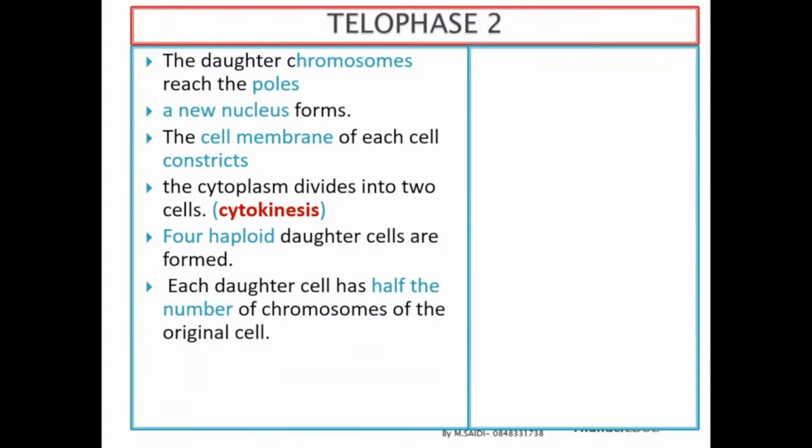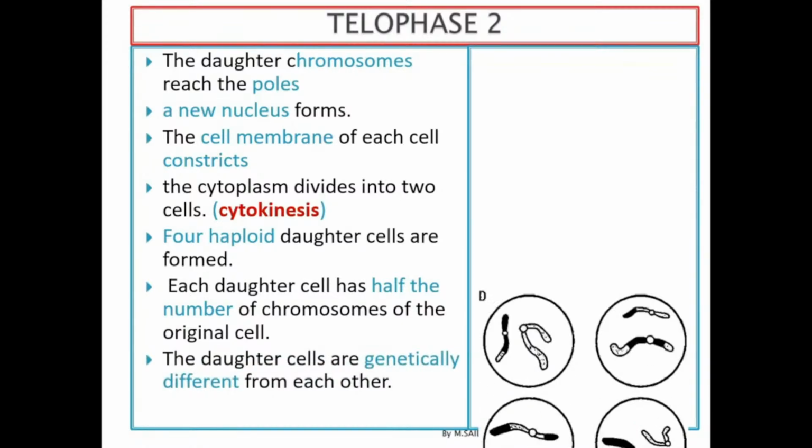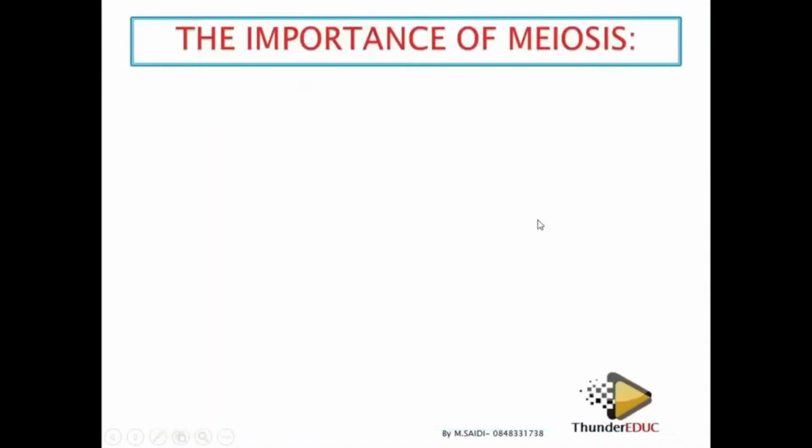And these chromosomes are genetically different because of the crossing over which took place. So the daughter cells are genetically different, as I've just said. We form 4 daughter cells, and you see, we don't call these ones chromatids. We call them single-stranded chromosomes. Watch out for this before you write your SBA.